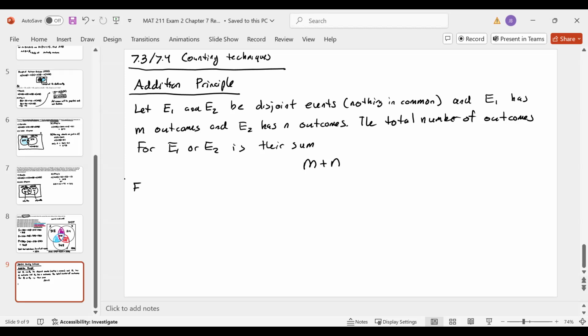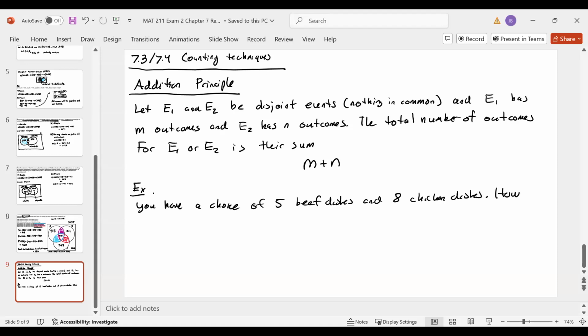But let's do a very simple example. You have a choice of 5 beef dishes and 8 chicken dishes. How many options do you have?